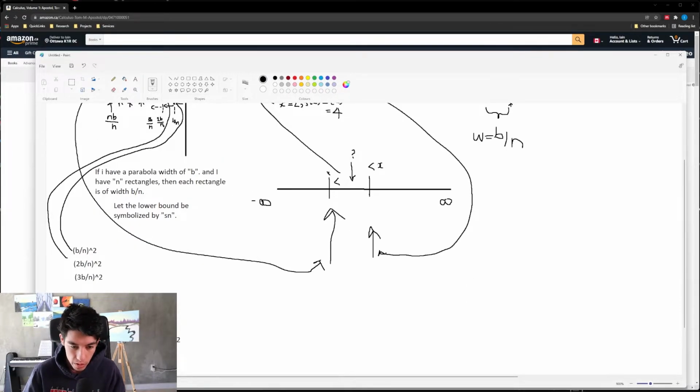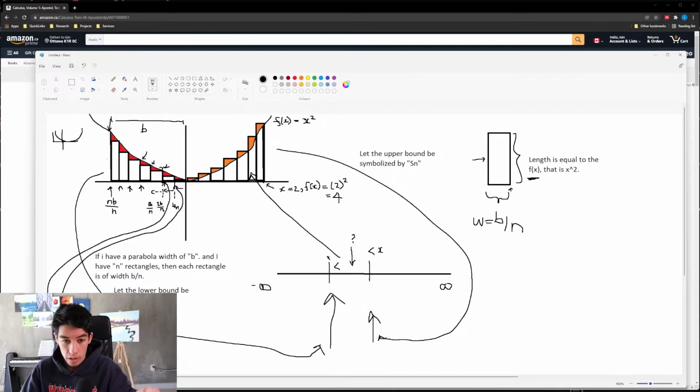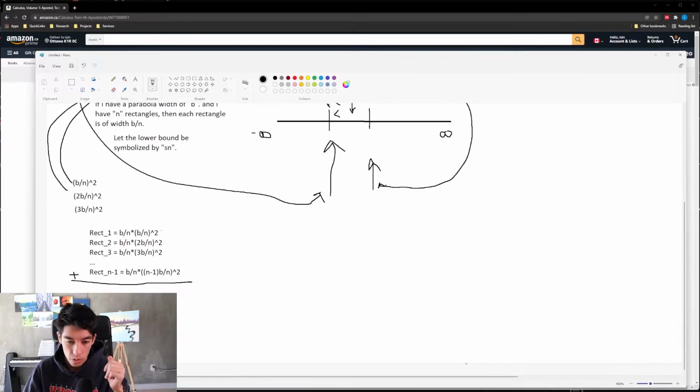So now we have all these different rectangles, right? And our goal is to sum them. We want to add them all together, and that will give us the total area of the lower bound. We can literally just do that.